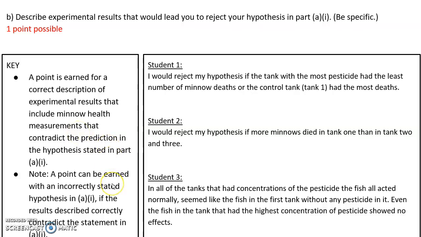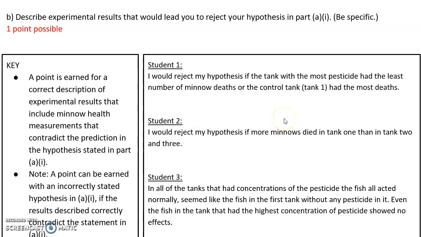So note, if you maybe did a crummy job of stating your hypothesis, like you were student 2 and 3 and you didn't actually put that increase or decrease there, you could still at this point get credit for the way that you're wording this, as long as you're contradicting the prediction.